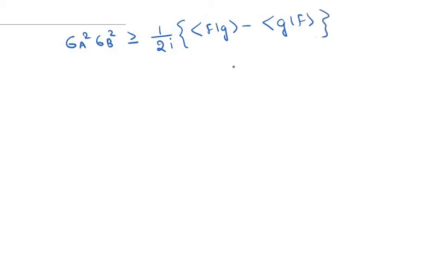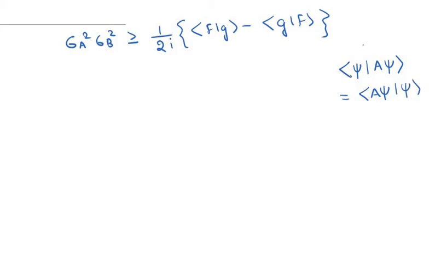Okay, now we also have a theorem. If a and b are Hermitian operators, then for any function psi we have the inner product of psi with a psi equal to the inner product of a psi and psi.